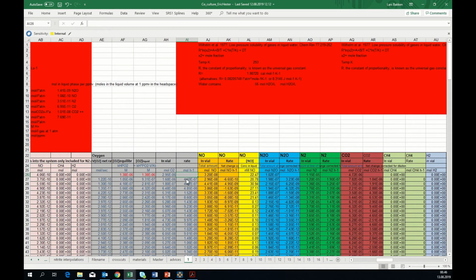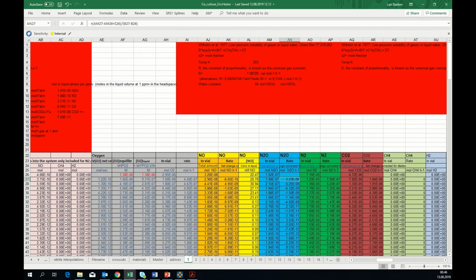That is the rate of change: the oxygen consumption in this case, the net NO consumption, the net N2O production, etc.